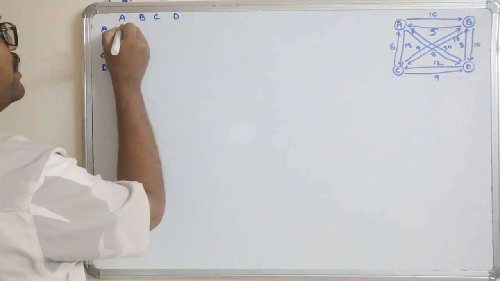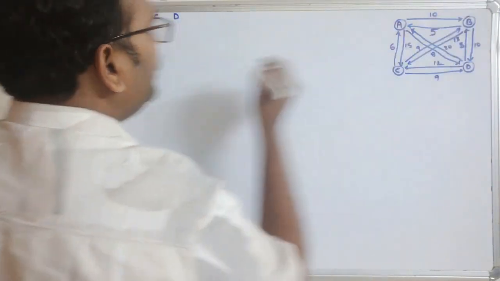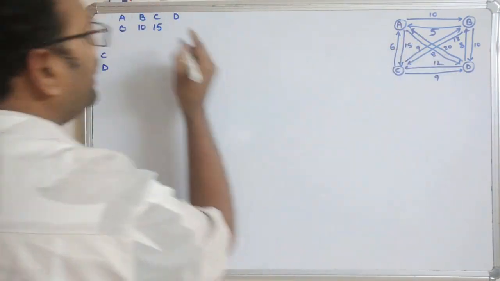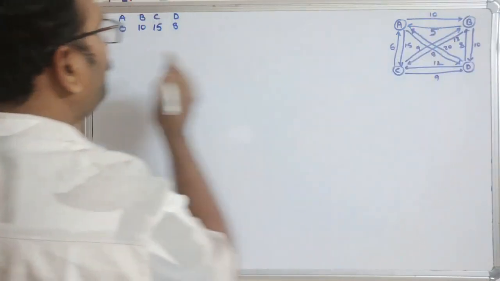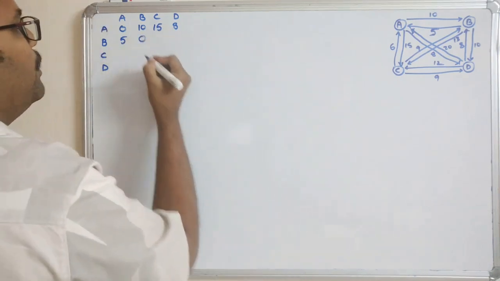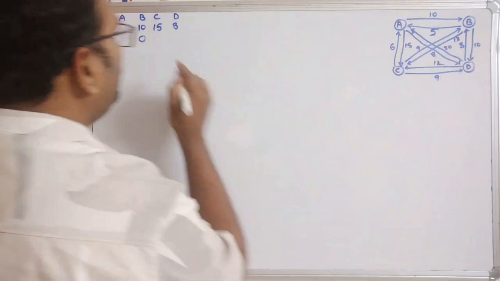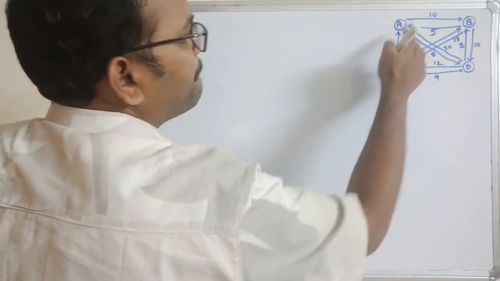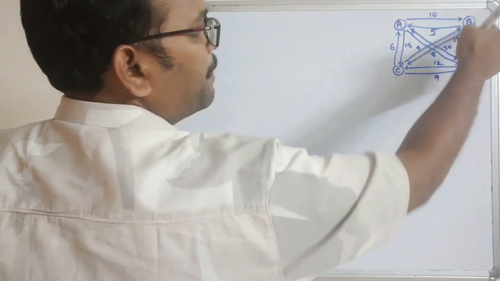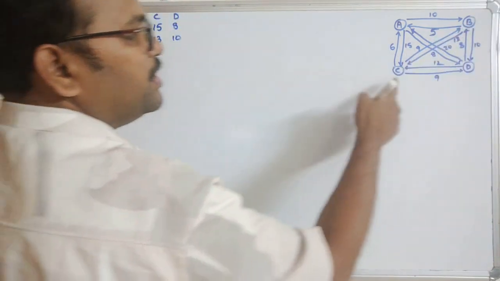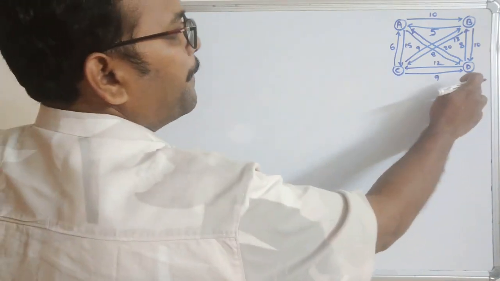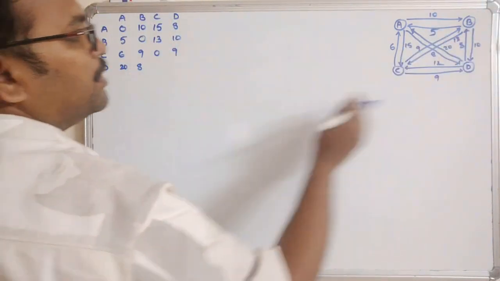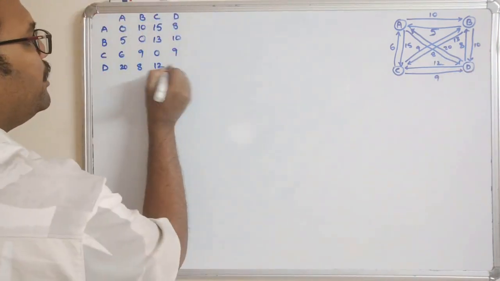A to A is always 0, A to B is 10, A to C is 15, A to D is 8, B to A is 5, B to B is 0, B to C is 13, B to D is 10, C to A is 6, C to B is 9, C to C is 0, C to D is again 9, and D to A is 20, D to B is 8, D to C is 12, and D to D is 0.